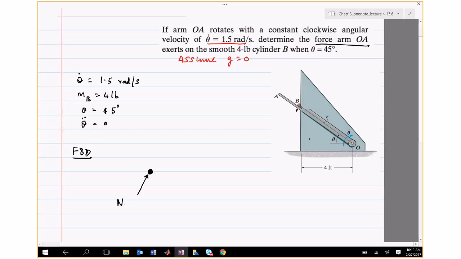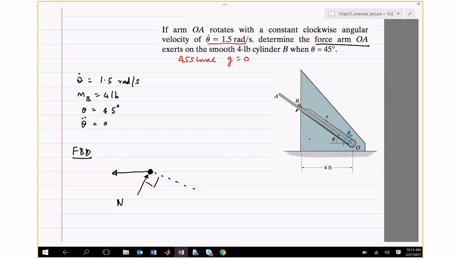So N, that force is going to be in the direction normal to this. It also would have a force acting in this direction. This comes from the wedge, the thing which is standing vertically.